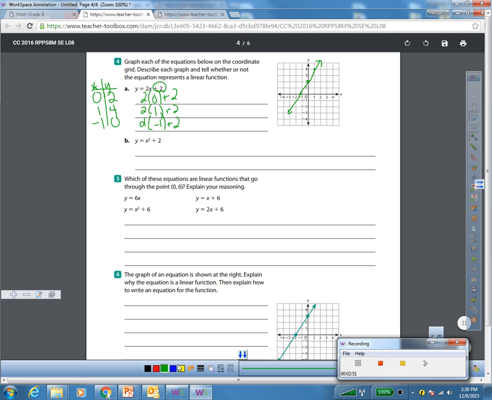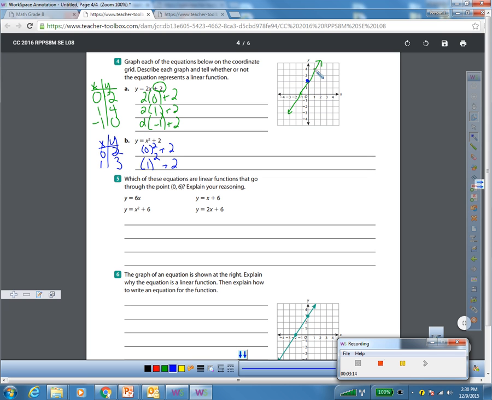And on the next one, let me change colors here. So on this one, we see that our x is squared. Okay, so we're going to plug in 0, and we'll square it and add 2. Out comes 2, and we'll graph that point. Plug in 1. I'm just picking nice, easy numbers to plug in, so that's 1 plus 2 gives us 3.